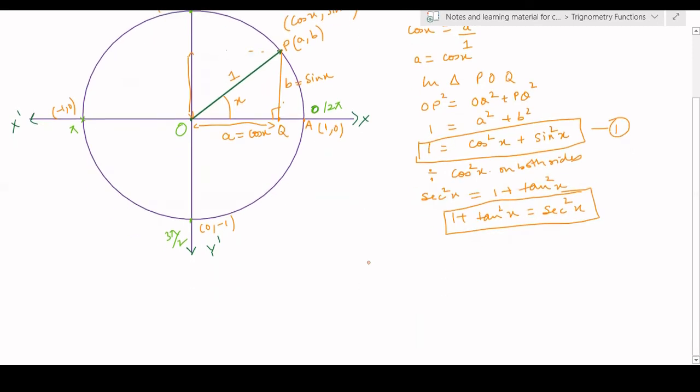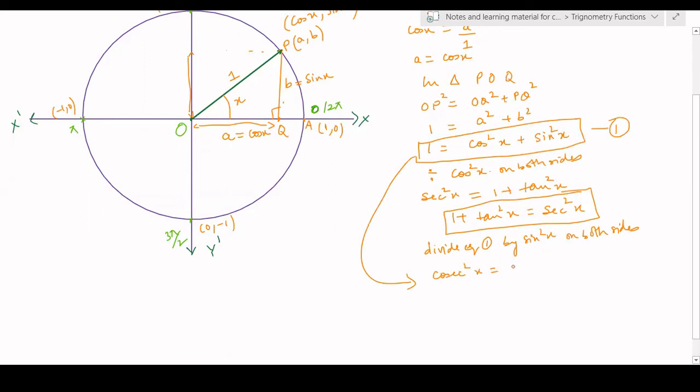Now dividing equation 1 again by sin squared x on both sides. We do it on both sides so that the change is nullified. 1 over sin squared gives you cosec squared x.